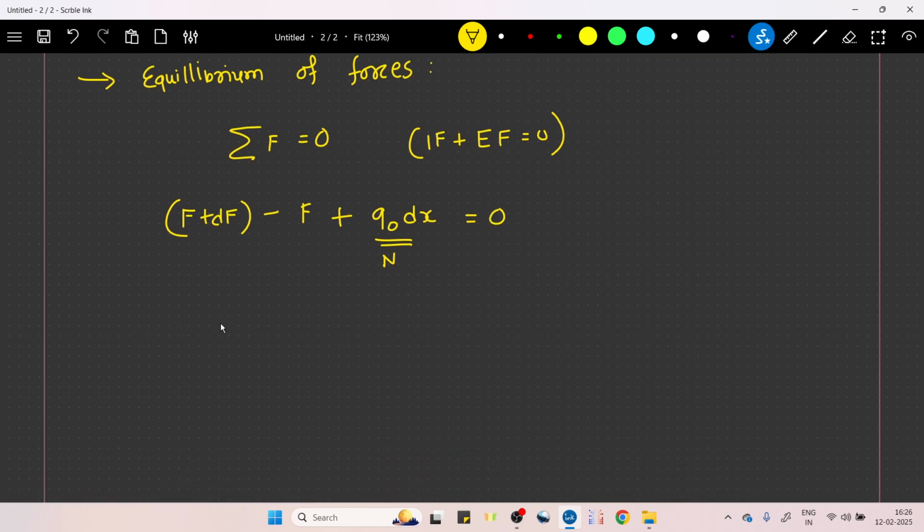Further, if I simplify this, dF plus q0 dx equal to 0. So dF by dx plus q0 equal to 0. Now I am interested in deformation, right? Structural behavior in terms of deformation.